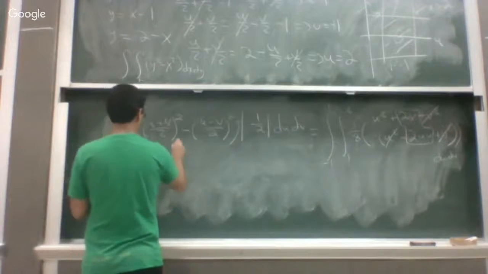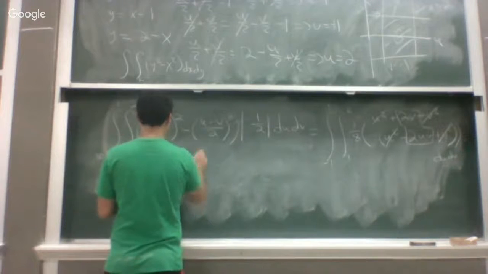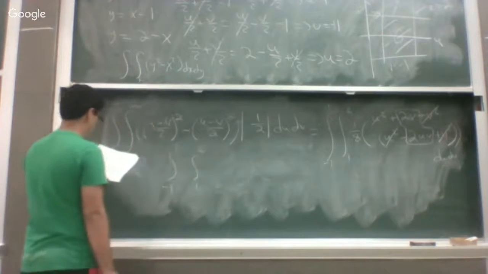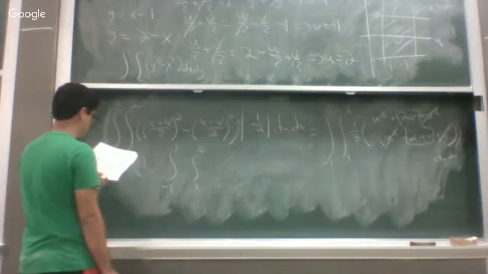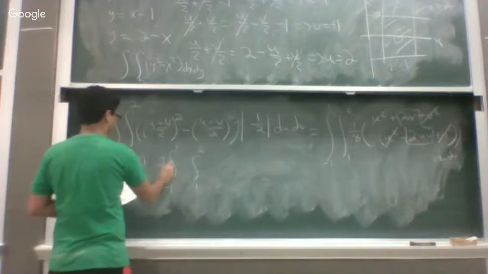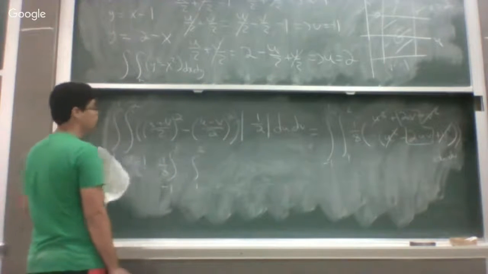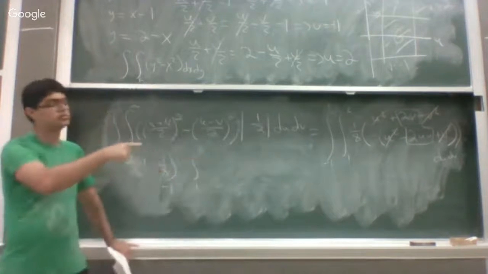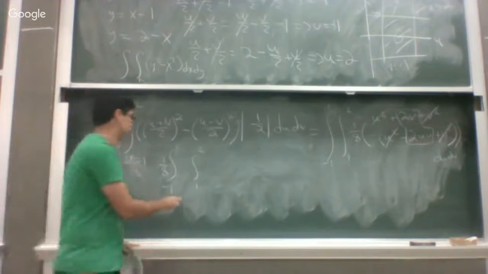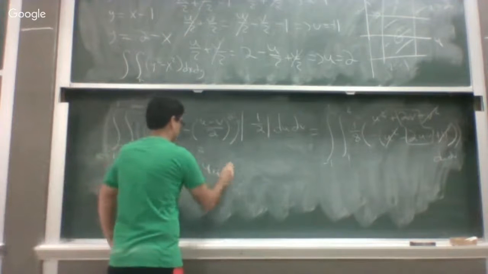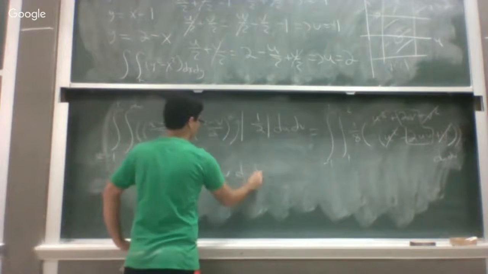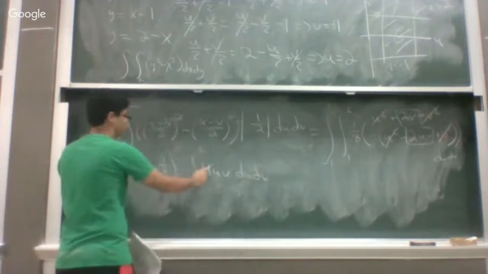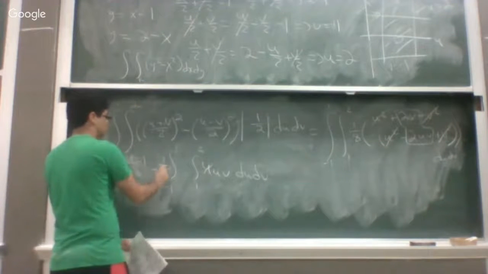So we're going from -1 to 1, going from 1 to 2. We have 1/8 on the outside, and so what do they add up to? 4uv, and then we have du dv.